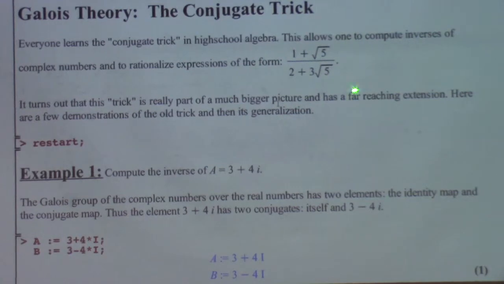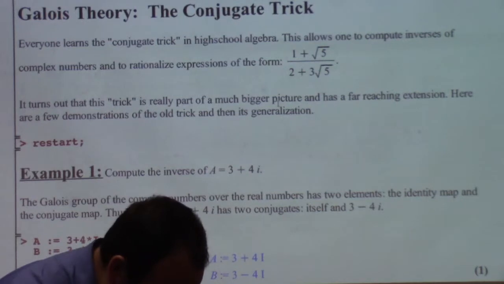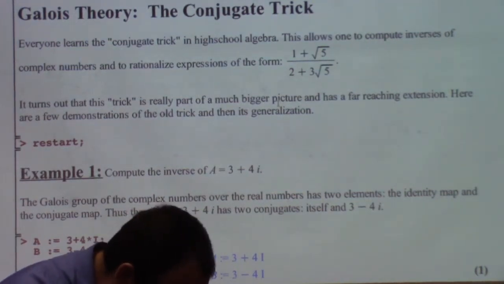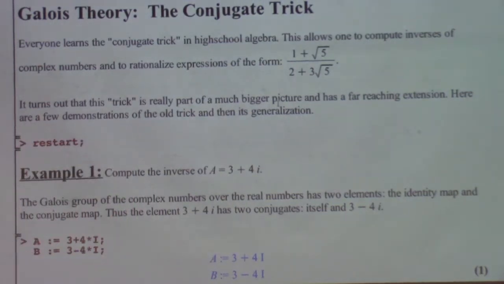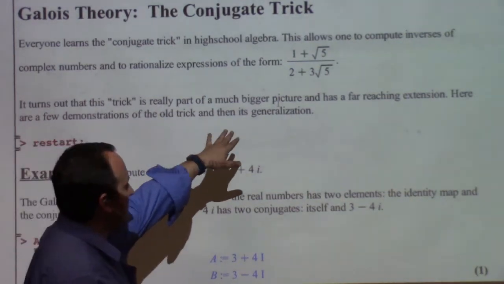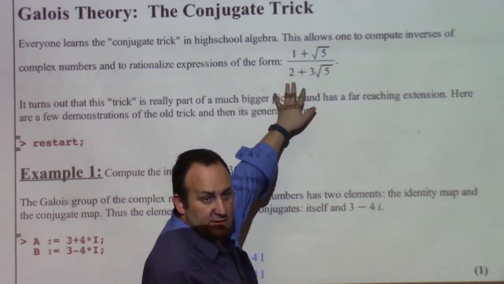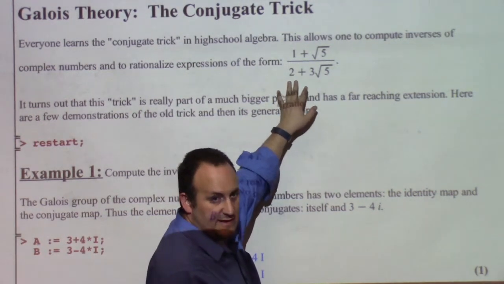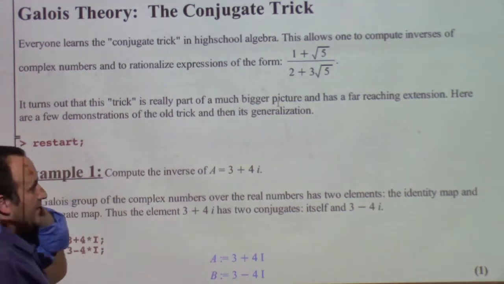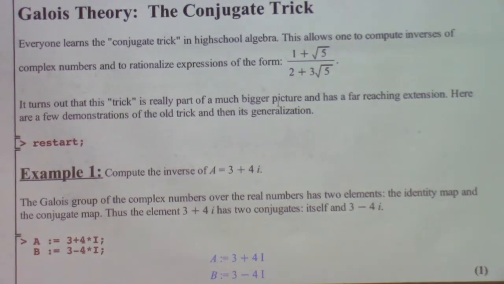You guys know that we switch minuses on the square root. What is that from this perspective? If we use the non-trivial Galois automorphism on the extension root 5 field, that sends root 5 to minus root 5. So you're basically taking the Galois conjugate of the denominator and multiplying by that top and bottom, right? So he'll show it down here.